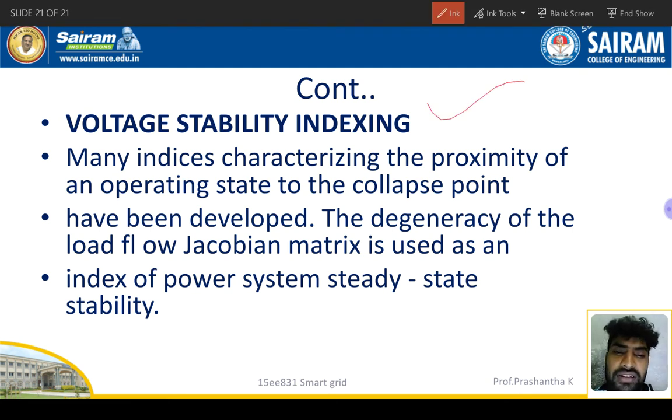Next, we have voltage stability indexing. Many indices characterize the proximity of the operating state to the collapse point. They have been developed from the degeneracy of the load flow Jacobian.